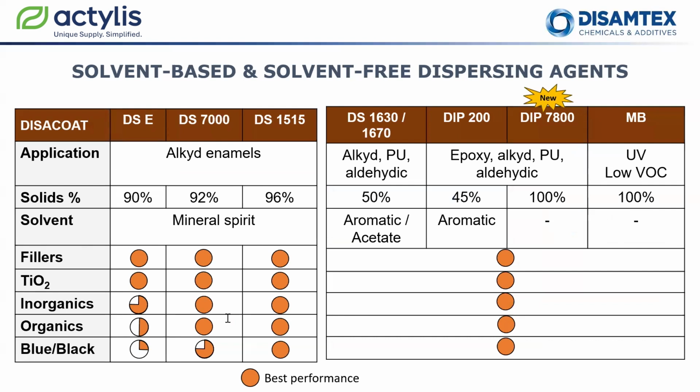And this slide compares Dacode dispersants from Disamtex, covering solvent-based technologies and one solvent-free. On the left, DSE, DS7000, and DS1515 are high solids dispersants designed mainly for alkyd enamels in mineral spirits. In the center, DS 1630, 70, and DIP 2100 are more versatile options, including different systems using either aromatic or acetate solvents.